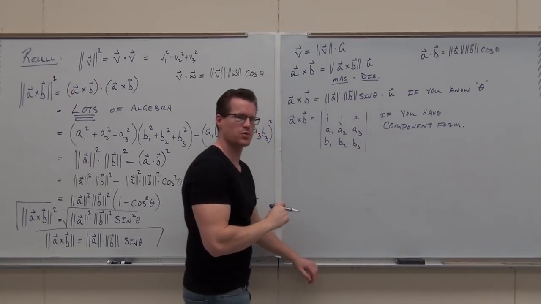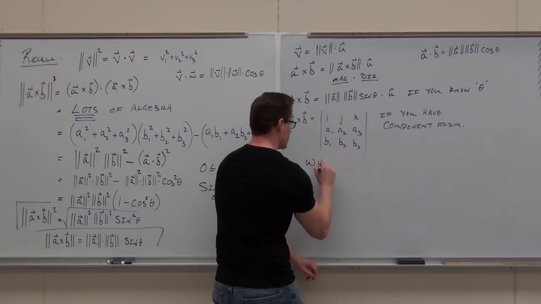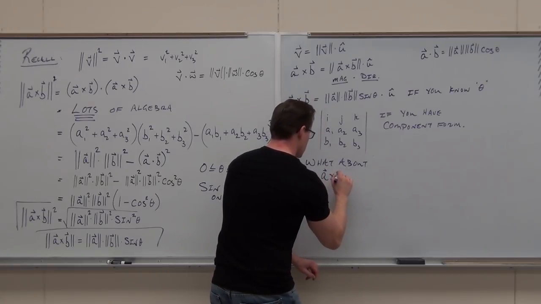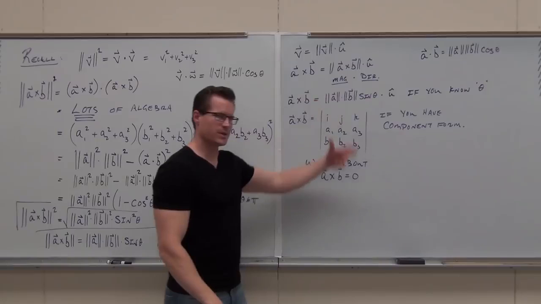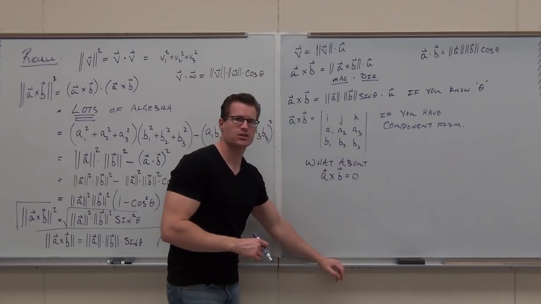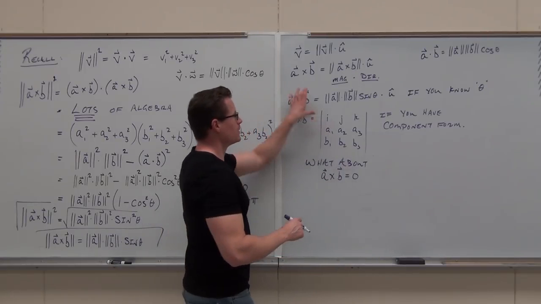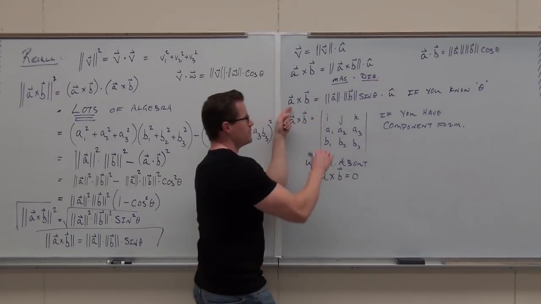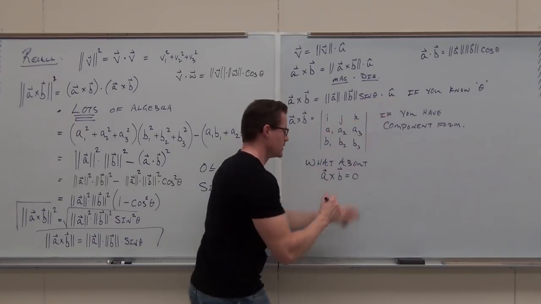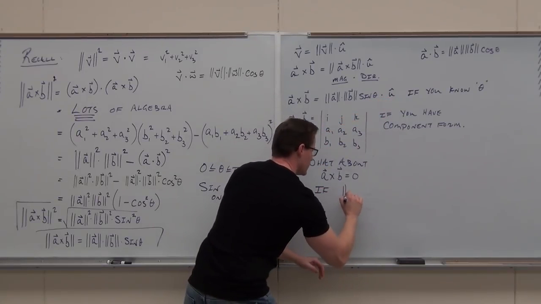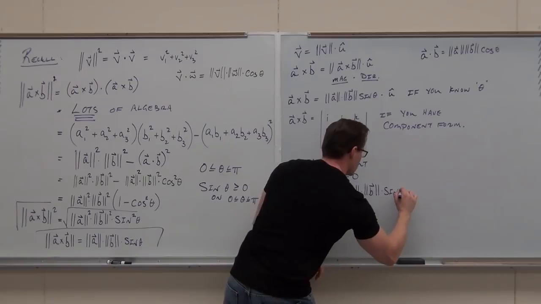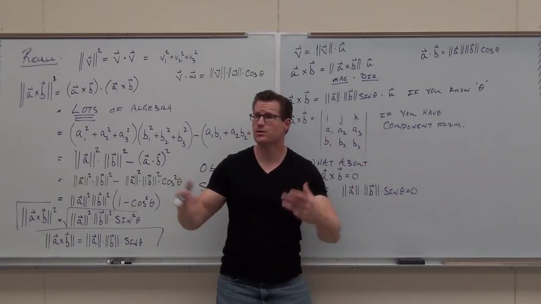What happens if the cross product is 0? The whole reason why we did this was so I can prove this little piece right here, but it's pretty neat. If the cross product is 0, this is the cross product. The only way that happens with a non-zero vector is if that's 0. That's the only way it happens.